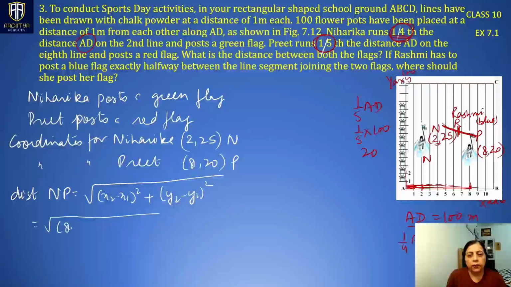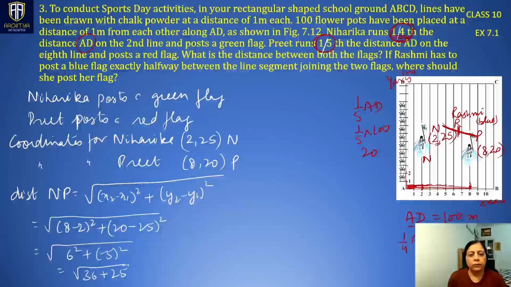So we have 8 minus 2 whole square, 20 minus 25 whole square. 8 minus 2 is 6 square, 20 minus 25 is minus 5 square. This is square root of 36 added to 25. So this is under root of 61. This is the distance between Niharika and Preet, right?